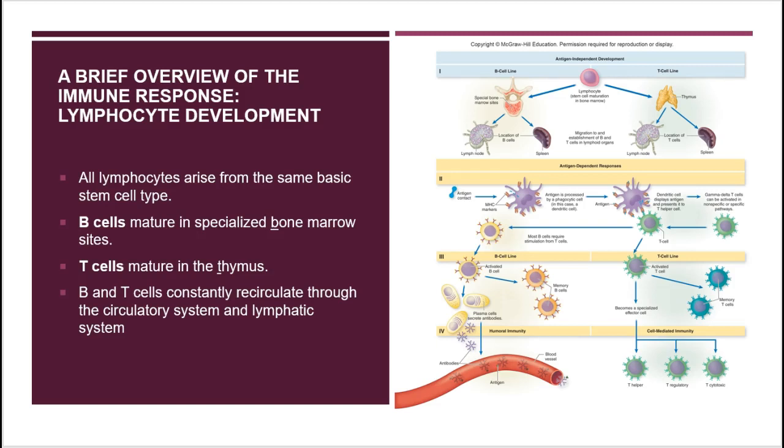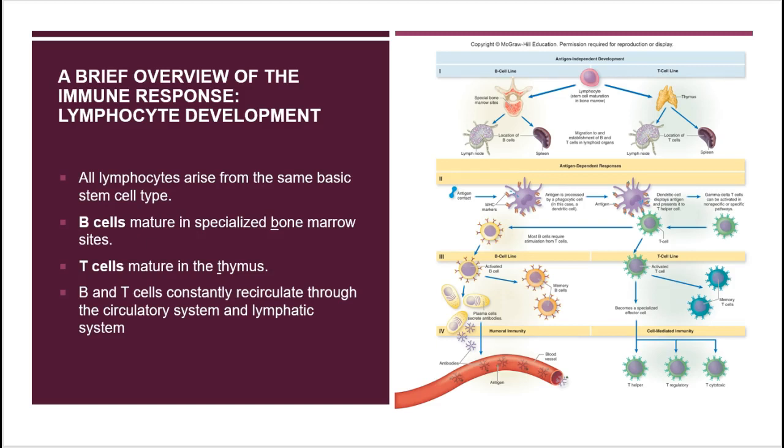B cells are going to mature in specialized sites within the bone marrow. T cells actually mature in the thymus. And then these cells are going to constantly recirculate through the circulatory and lymphatic systems. So you can see that both cell types can be found in lymph nodes and in the spleen. So they're going to migrate to those lymphatic sites.